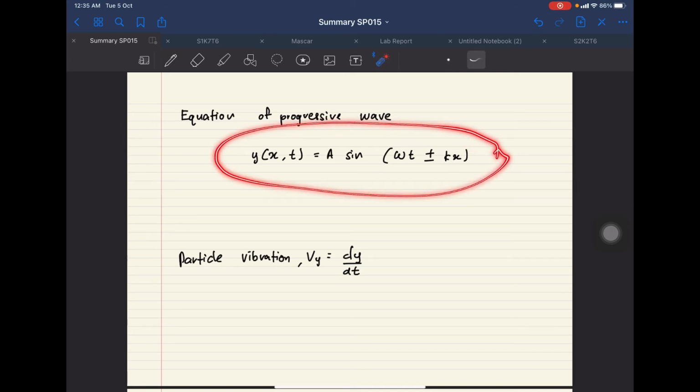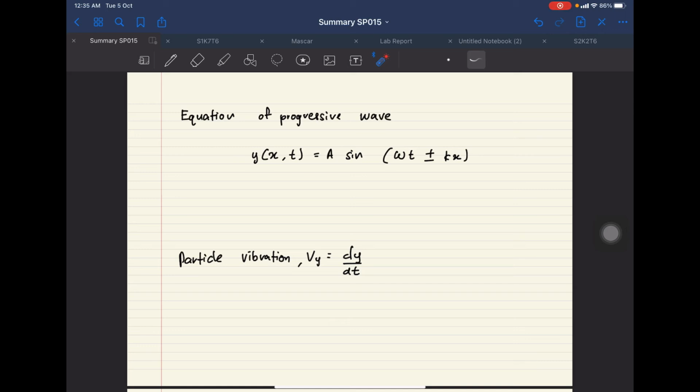Obviously you have the derivation on how to get that one. I'm not going to focus on this, but I want to focus on the Vy there. If you want to differentiate the above equation, I just substitute the equation y, which is A sin(omega t plus minus kx).